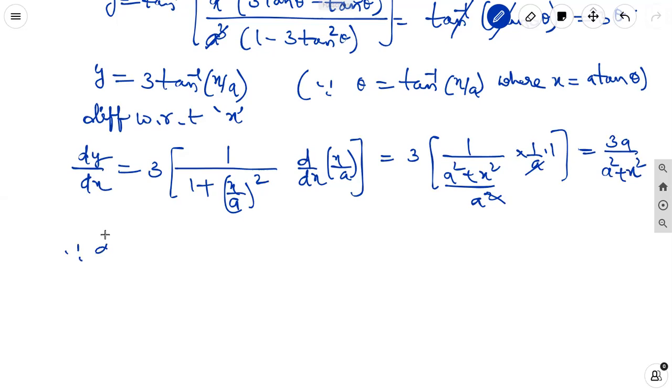Therefore dy by dx equal to 3a by a square plus x square.